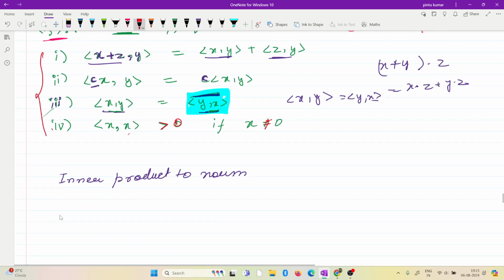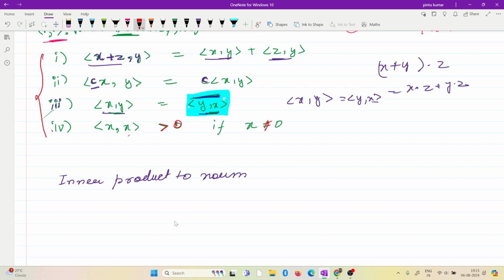Now from any inner product, you can define a norm. So how do you define it? The norm of x can be given by the inner product of x with itself. You can verify that if you take dot product of x and x, the norm square is given by this.